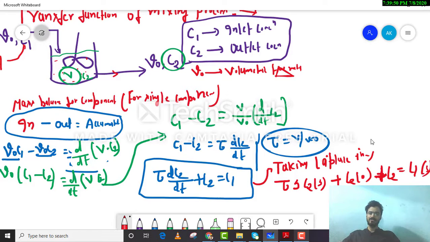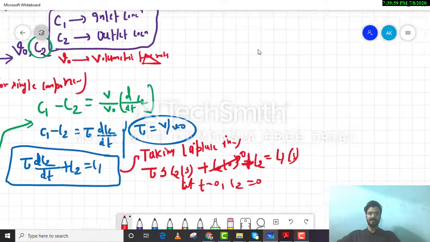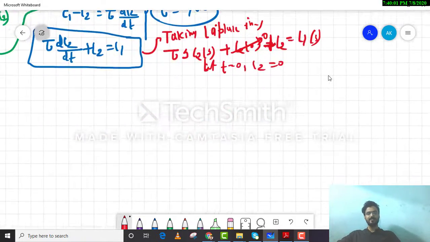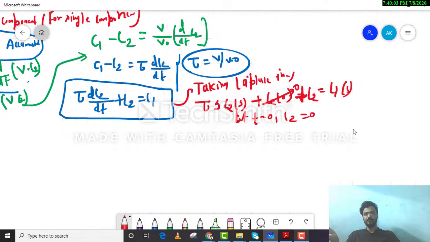At t equals 0, C2 equals 0. You need to understand that at t equals 0, only reactant will be entering, there won't be any outlet. That's why C2 will be 0.